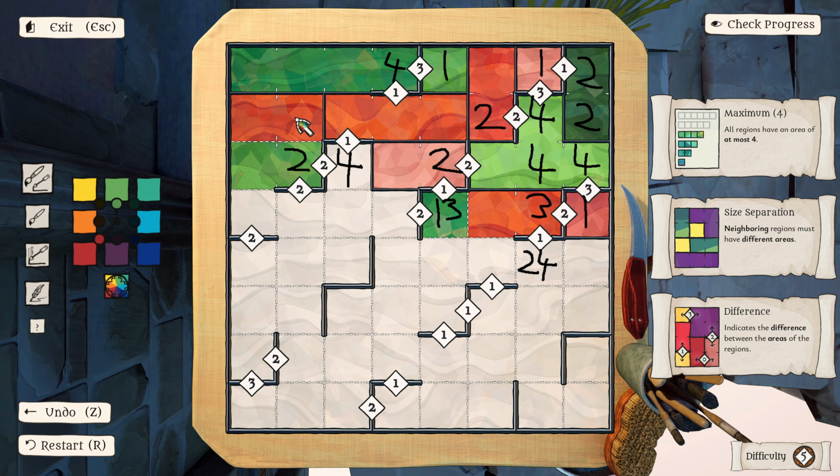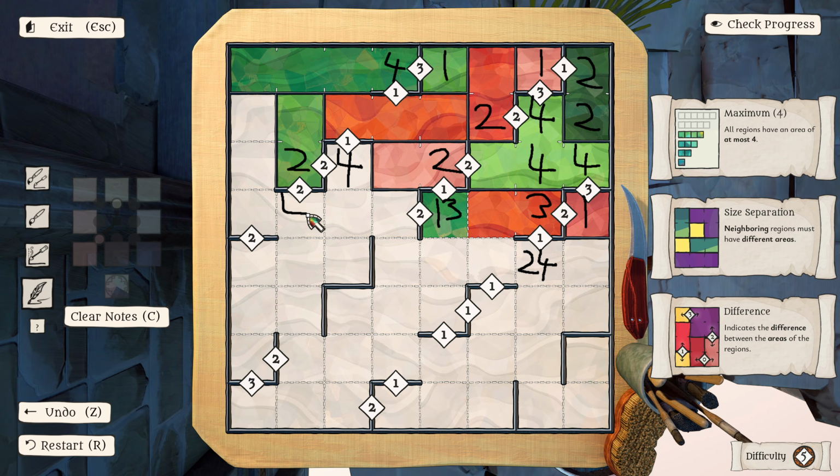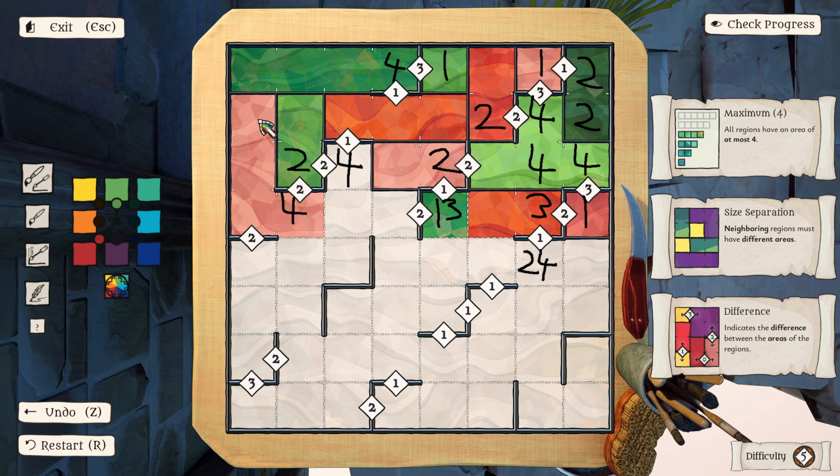Can't do this, leaving that there, or that there. So that's the 2. 2 plus 2 is 4. Can't do this, because they touch. This has to get out, has to touch this. This is a 4 and a 2.